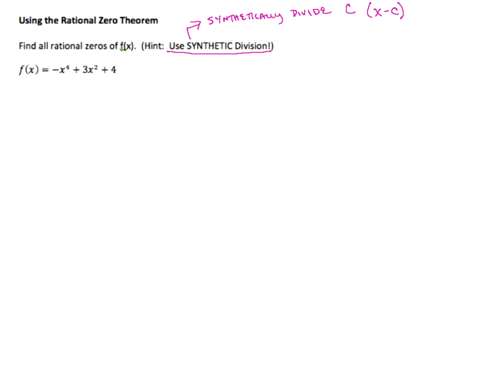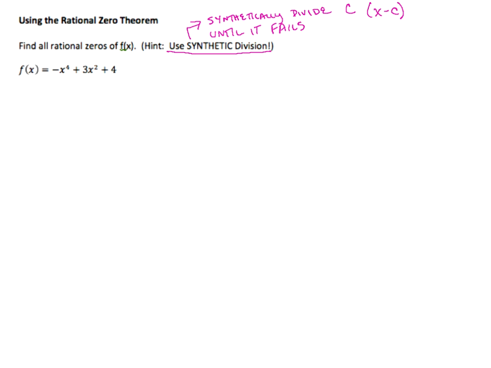We're going to synthetically divide by c until it fails, because you may have that factor show up more than once within a particular polynomial. Remember, that's multiplicity. We can have a factor show up many times. And that tells how the function crosses the x-axis. Okay, let's go ahead and begin looking at this.